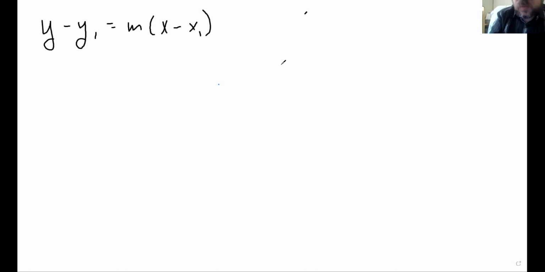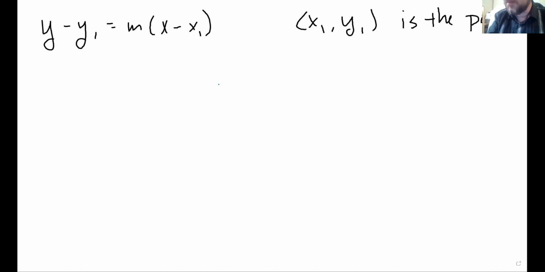And then you're going to use point slope form, which, if you recall, is this: y minus y1 equals m times x minus x1, where x1, y1, oops, that's a 1, not an x, x1, comma, y1 is the point. Remember I said you need a point and a slope. That's the point, and m is the slope.